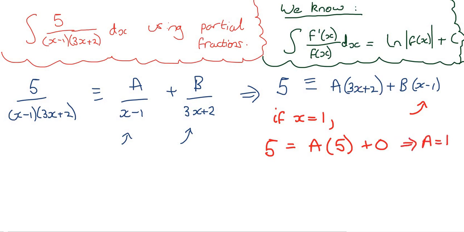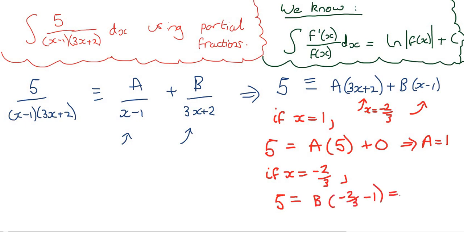Okay, similarly, note in this bracket, if x is minus 2/3, we're going to get 3 lots of minus 2/3, which is minus 2, plus 2 is 0. So let's put that in. If x equals minus 2/3, then 5 equals b lots of minus 2/3 minus 1, and this is minus 5 over 3, b.